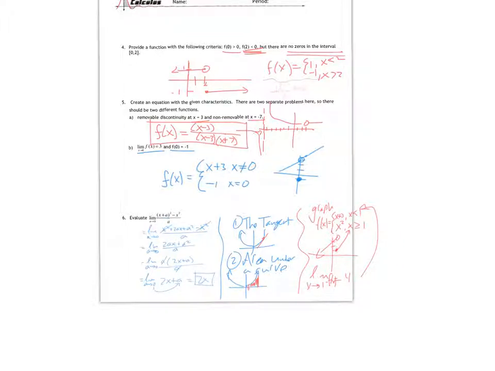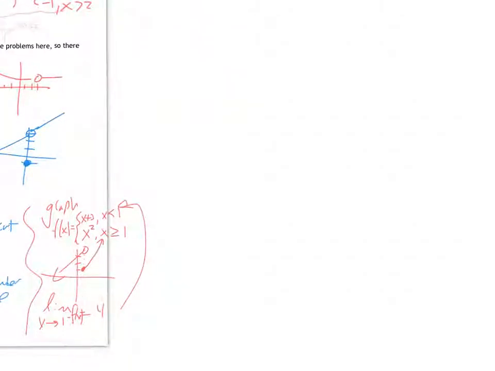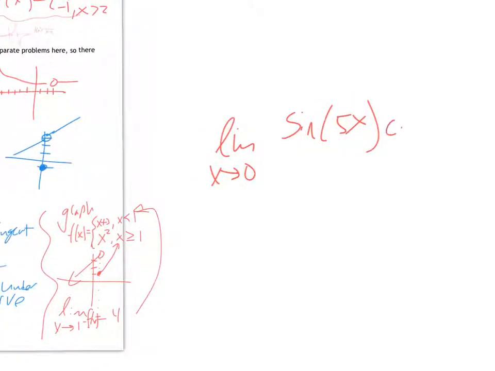One more thing. You might look back and remember how to do things like this. Find the limit as x goes to 0 of sine of 5x times, let's say, the cotangent of 3x.